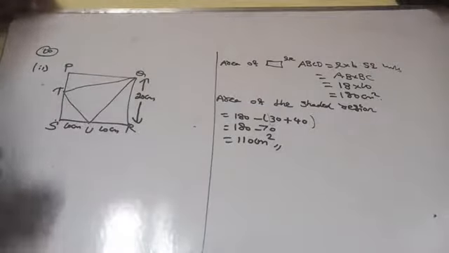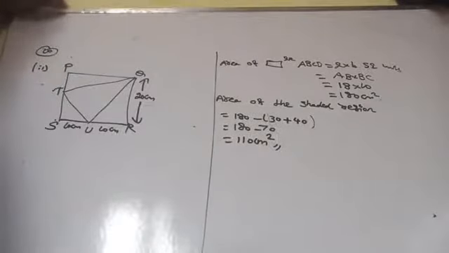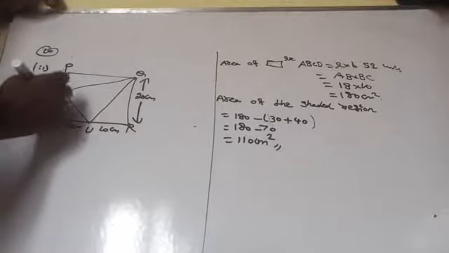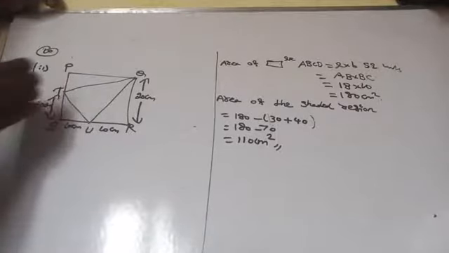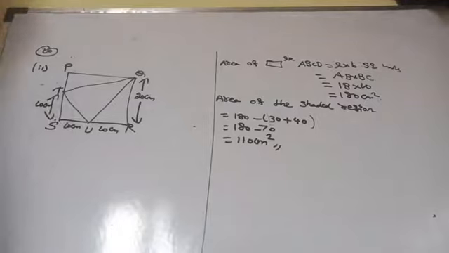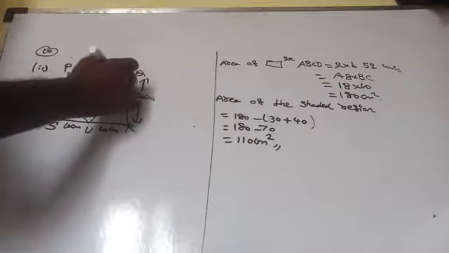Then here ST is also 10 centimeter. PQRS is a square. So this is the shaded region.